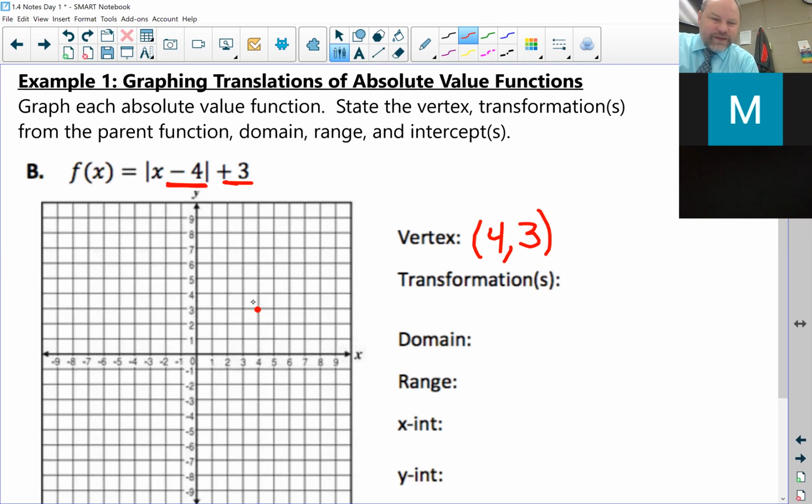So my transformation: shift right 4 units and up 3 units.